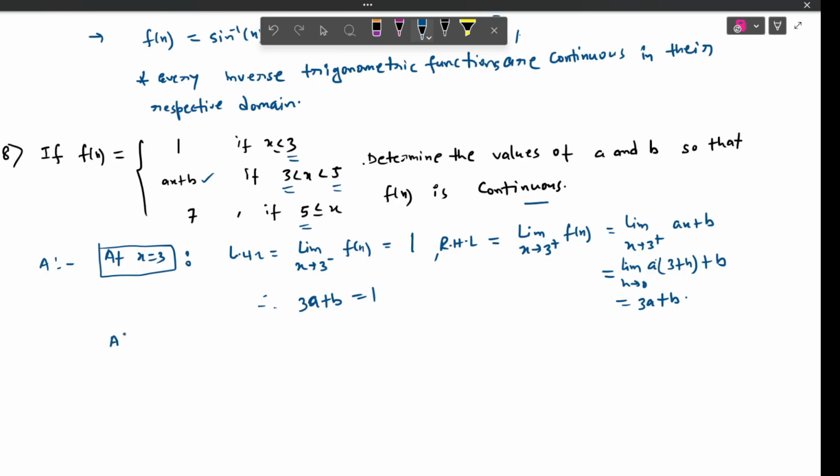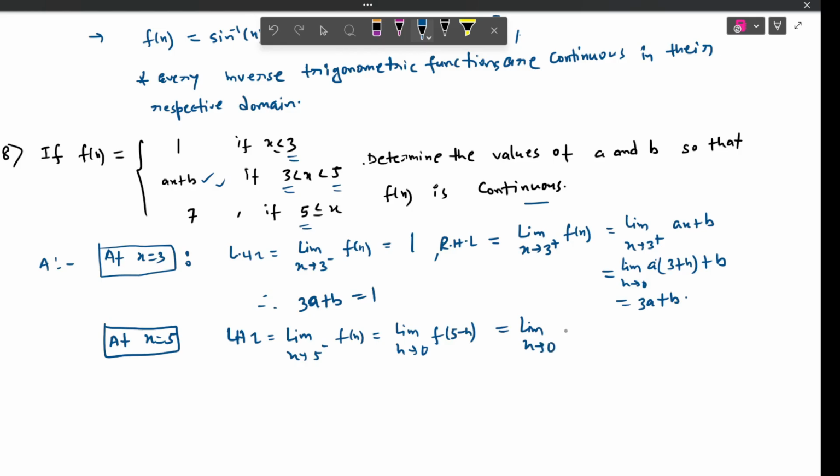And let us check continuity at x equals 5. The left hand limit would be limit x tends to 5 minus. For 5 minus you have to take this function, so limit h tends to 0, f of 5 minus h, that means in place of x you put 5 minus h. So limit h tends to 0, a into 5 minus h plus b. If you put h tends to 0, it would be 5a plus b.